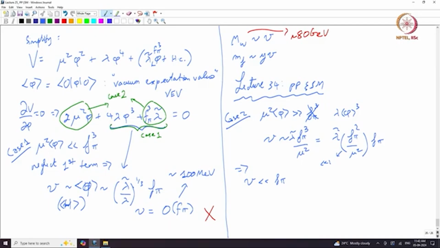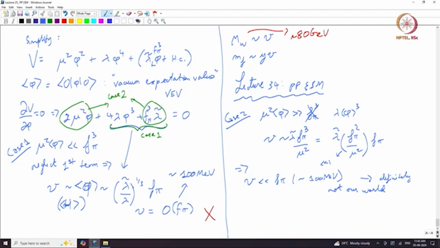So, this is even more manifestly not our world. This is again about 100 MeV. In the earlier case at least we got something close to 100 MeV, but this is much smaller than 100 MeV. So, this is also definitely not our world.